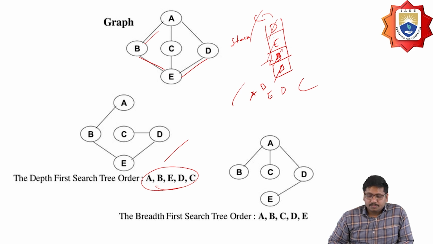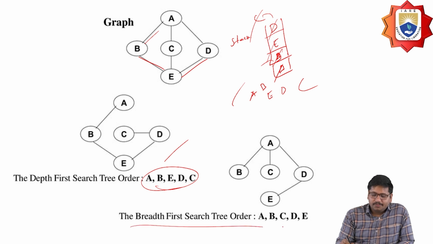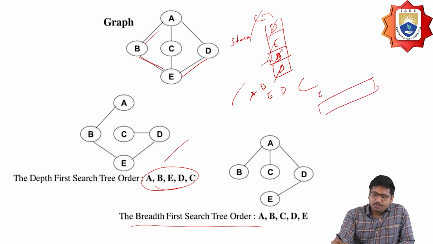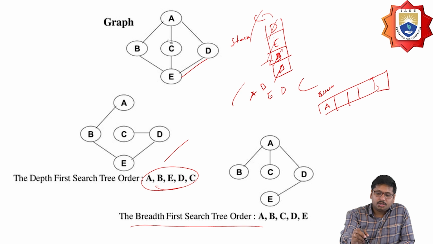And then next, the breadth first search order of this. So what is this breadth first search? For this, I'm going to make use of the Q data structure. So for the Q, I'm going to consider A. What are the elements adjacent to A? B, C, D. So remove from the Q and add it to the BFS.